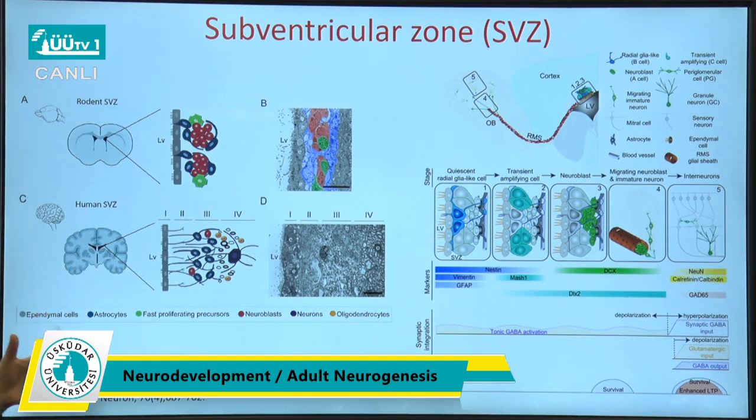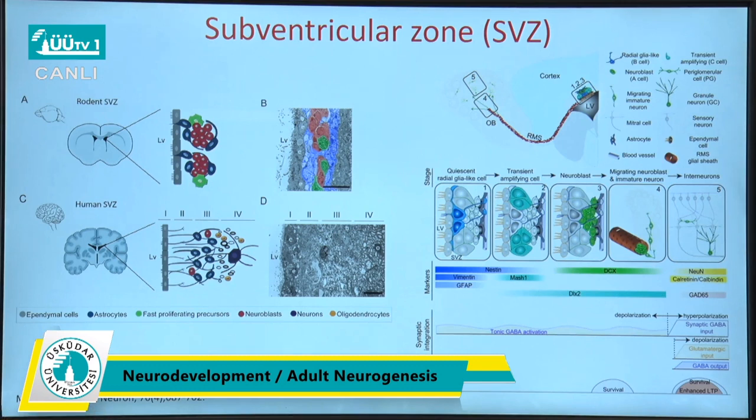The structure of the subventricular zone differs a little bit between rodents and humans, and the main reason is that in the adult human, the structure changes a little bit because there isn't a pronounced neurogenesis there anymore. One interesting property of subventricular zone neurogenesis is that the source of new neurons is quite far away from the actual target, the olfactory bulb.